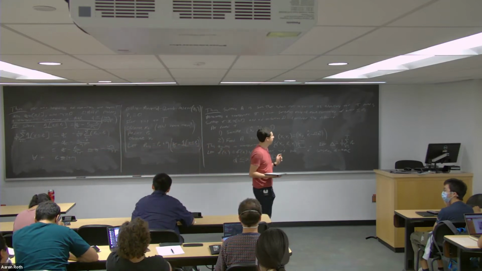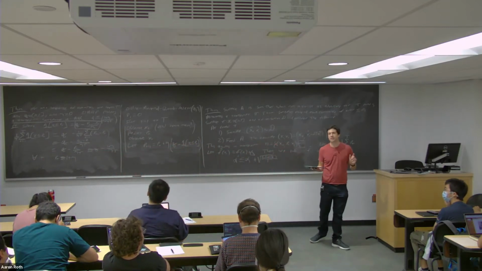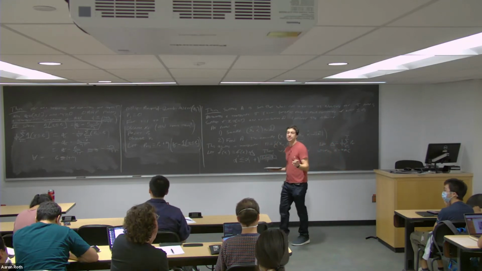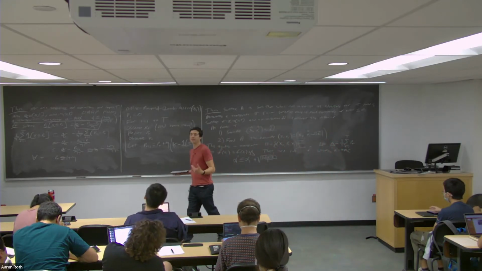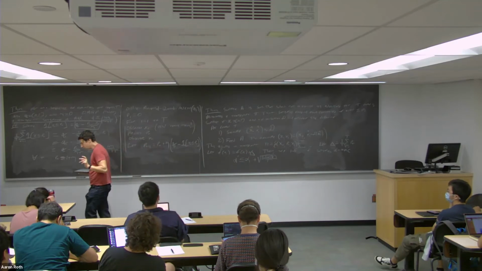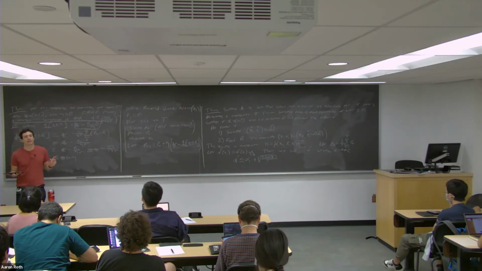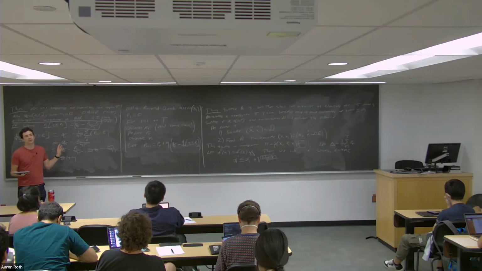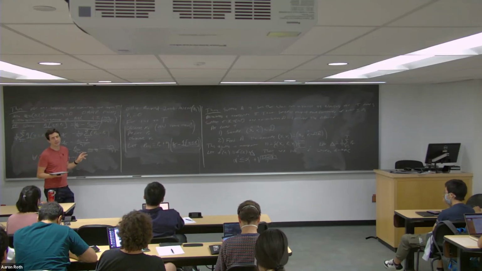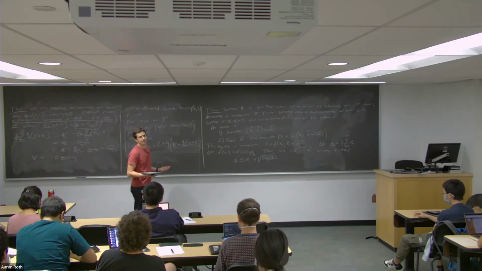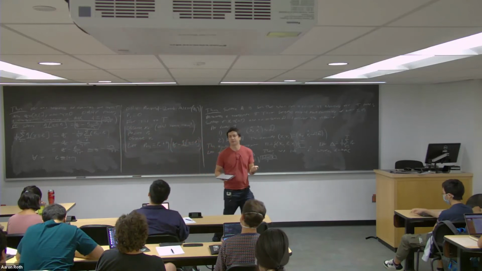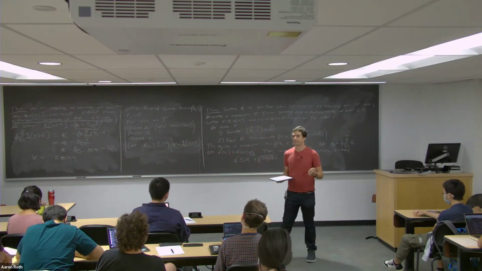But there is going to be a qualitative distinction between the reduction we see for quantiles and the reduction we saw for means, which is that the output of the reduction from the sequential to the distributional setting will be randomized. It'll be a randomized predictor, not a deterministic one.